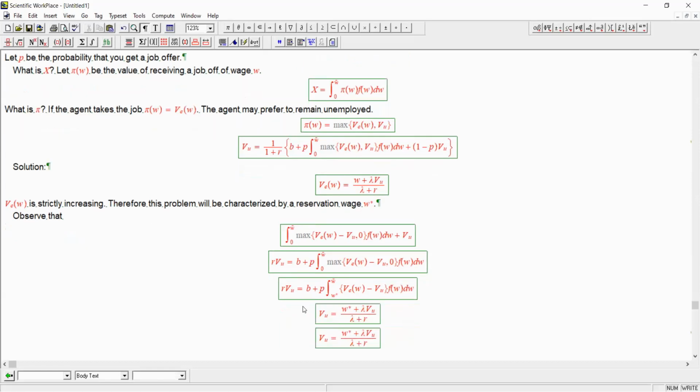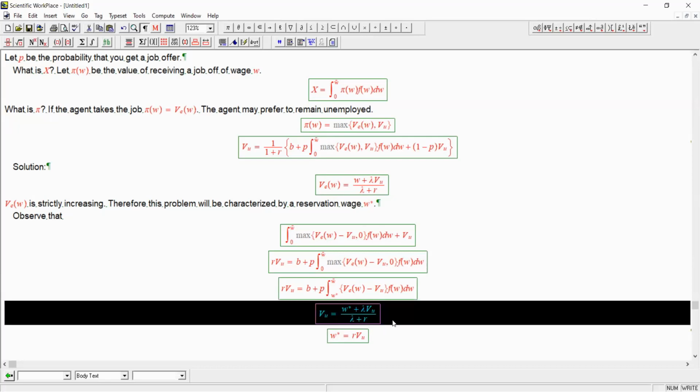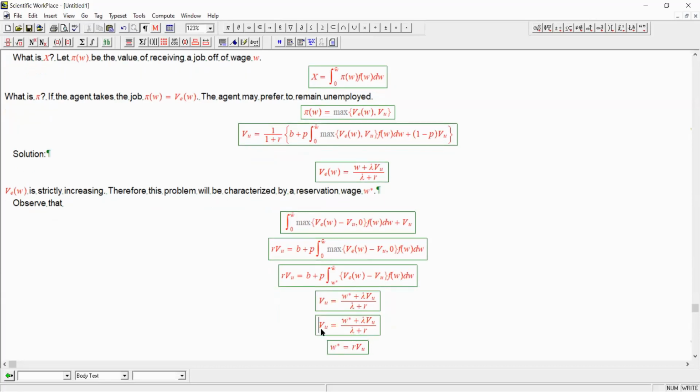Rearranging this, we get simply the equation that W star is equal to R times VU. You can see that simply by multiplying both sides by lambda plus R, subtracting lambda V from both sides, and we're done. That's it.